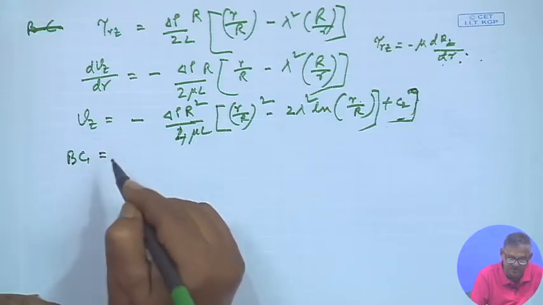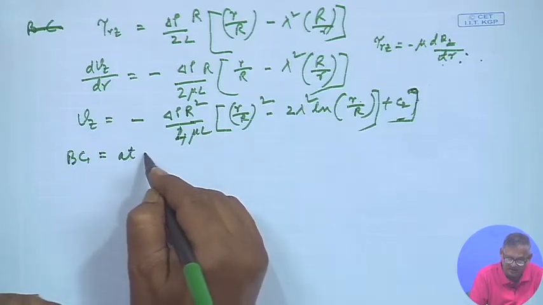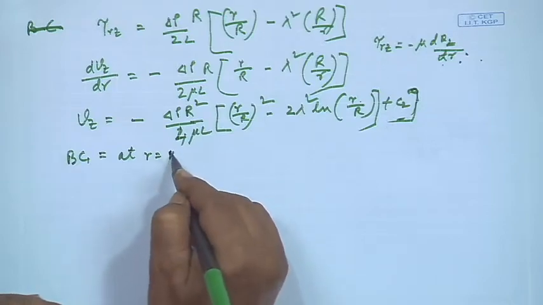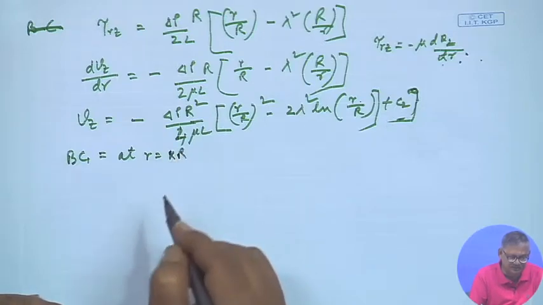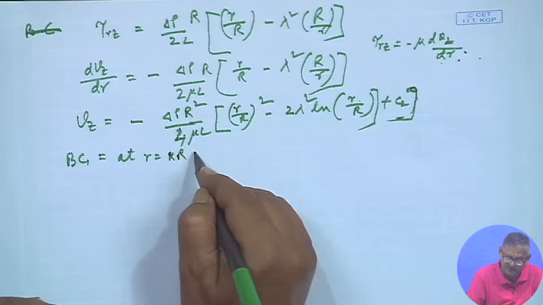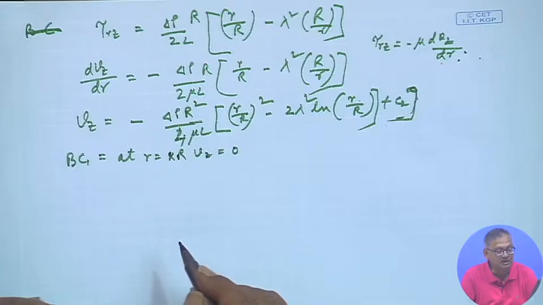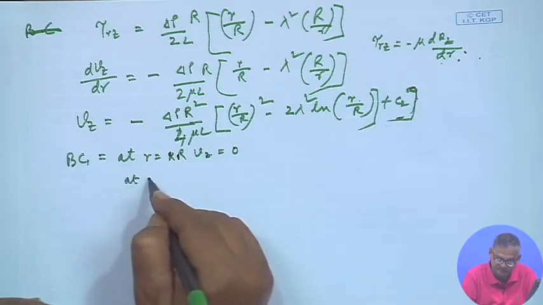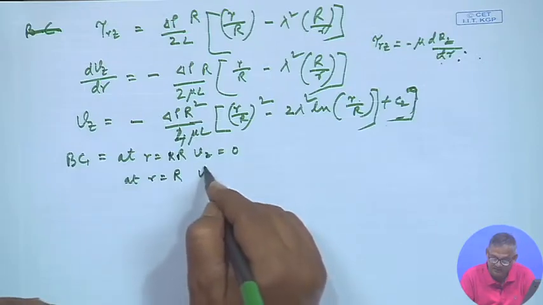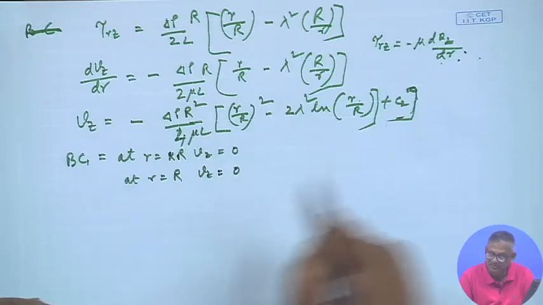Boundary condition 1 is at r equals kR, we have Vz equals 0, and also at r equals R, we have Vz equals 0.